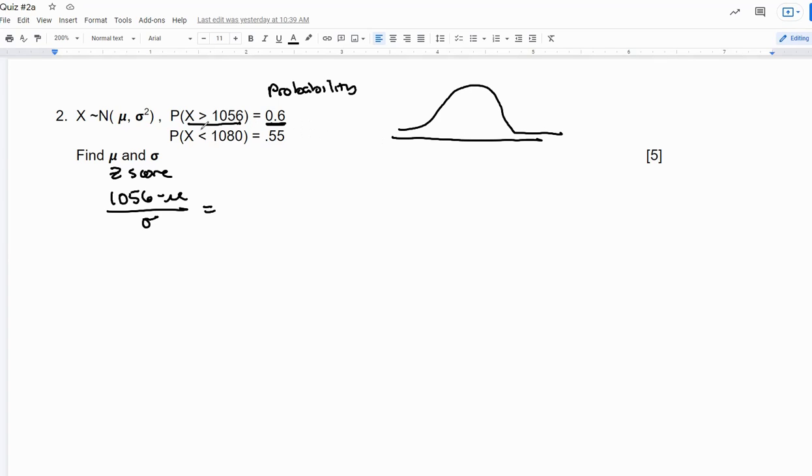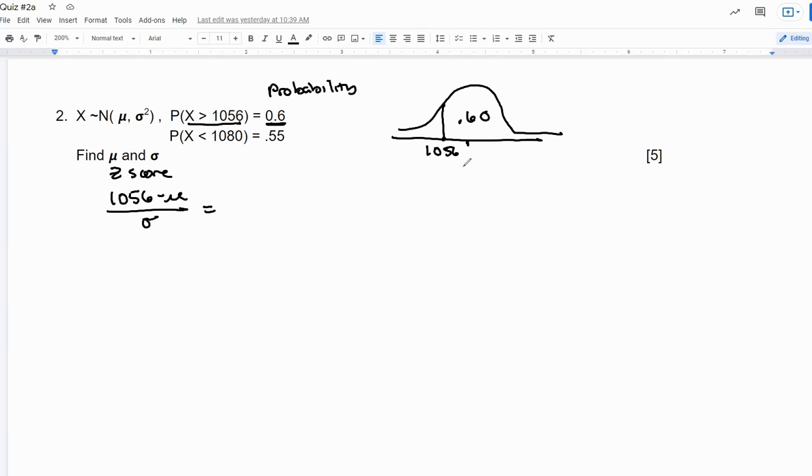Now, my number, 1056, is on this side of the mean. How do I know it? Exactly. Okay? So I know that it's smaller than the mean, right?